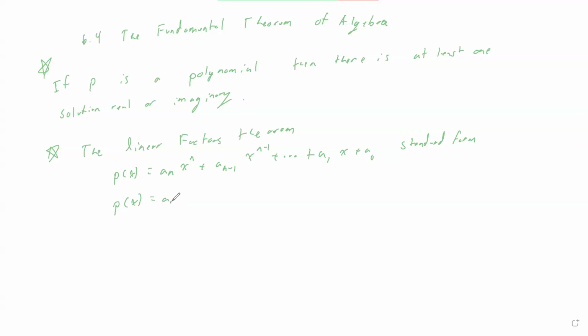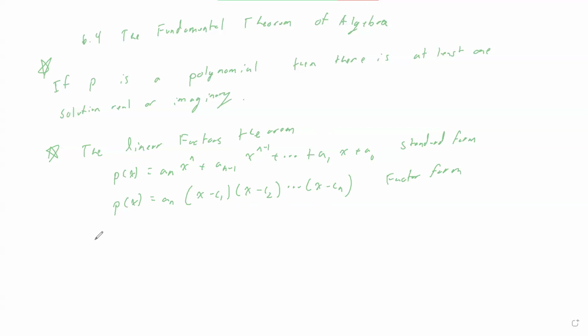So the same leading coefficient, and then just simply whatever the factors may be, even if it's an imaginary factor. That is what the factor theorem states. If it is written in standard form, it can be rewritten in factor form and vice versa.